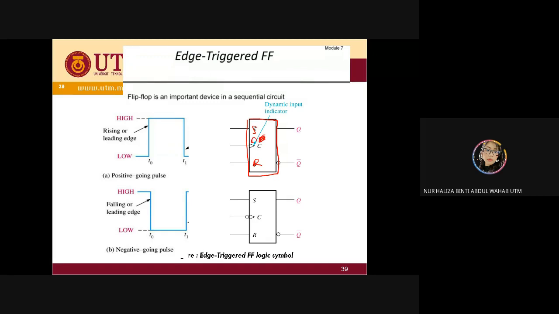You can see here, this clock, if there is no bubble, we call active high or positive clock. And here we have a bubble there. It is a negative clock or falling edge. You can see here, this is the part when you go from high to low.